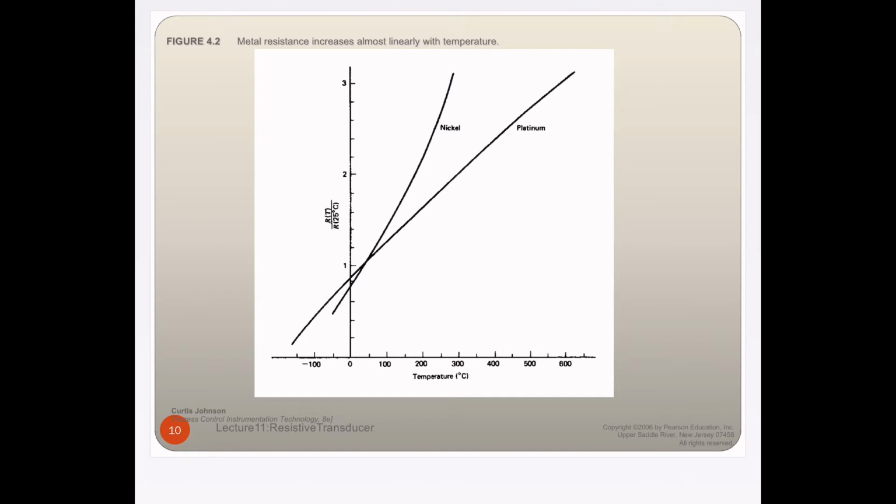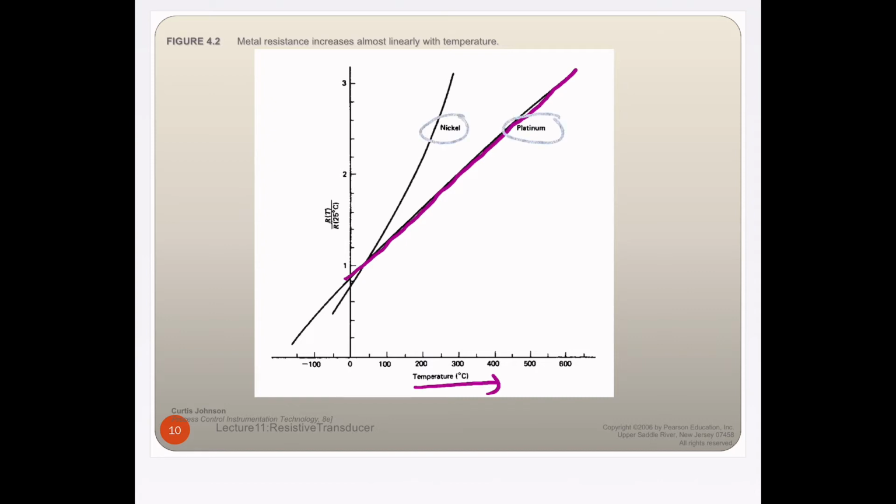Again, when we plot the equation, we can see that the resistance changes linearly with the temperature. As the temperature increases, the resistance value is also increasing. In this figure, we have two types of metal material, which are nickel and platinum.